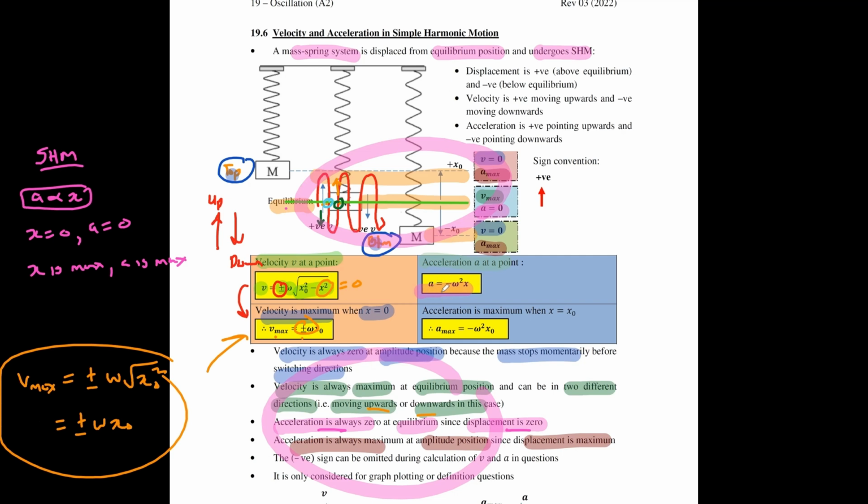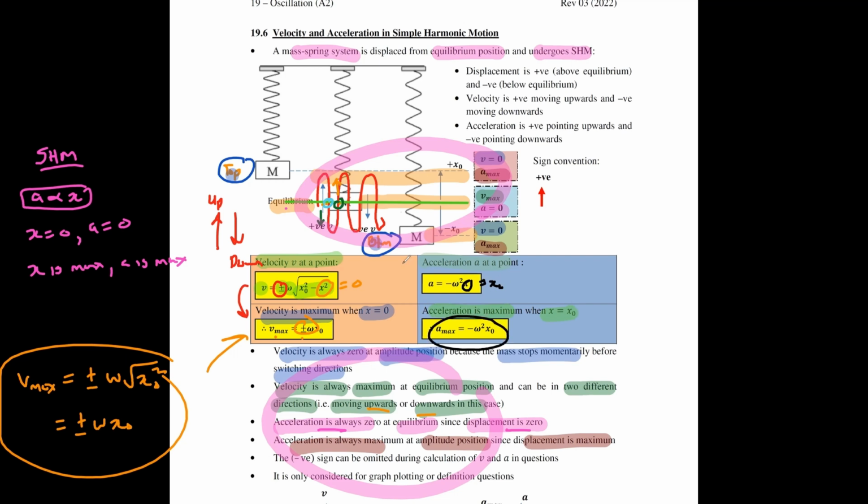Here, if you want to find out the maximum possible acceleration, it usually occurs when your x is equal to your maximum displacement, when x is at your amplitude position. So all you just need to do is equate x to x naught. You're going to get a max as negative omega squared x naught.